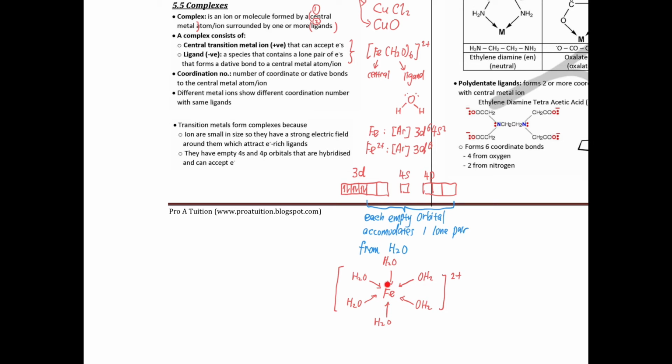So the coordination number for this is 6. Next one: different metal ions show different coordination numbers with the same ligand. So that means you don't always expect them to form 6. They can form others.